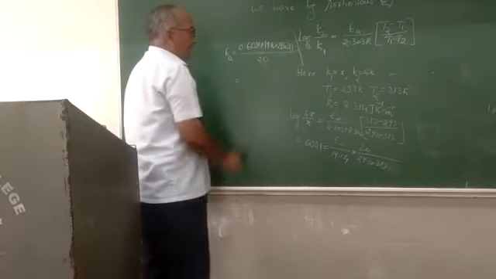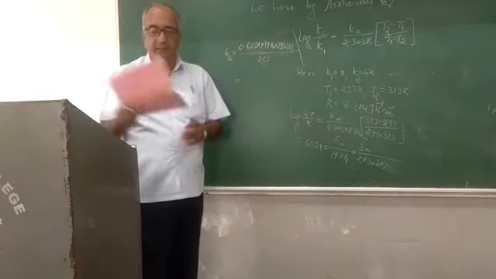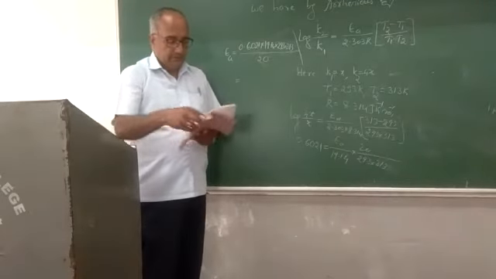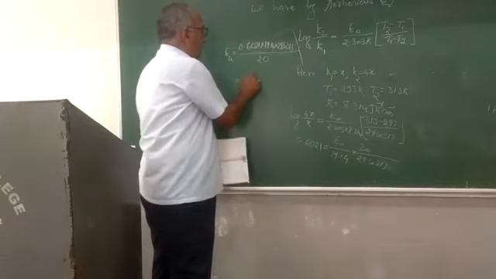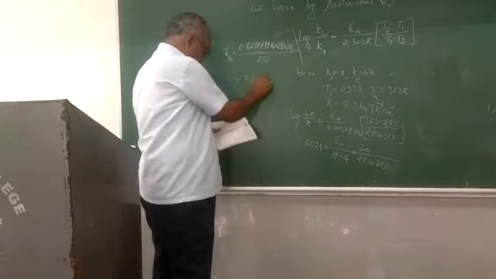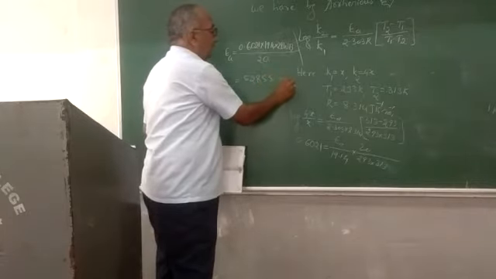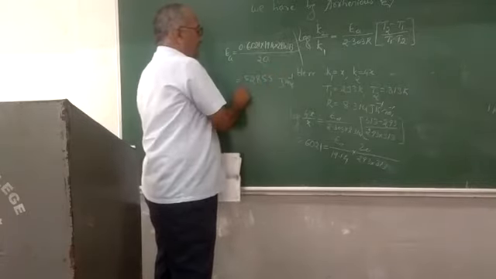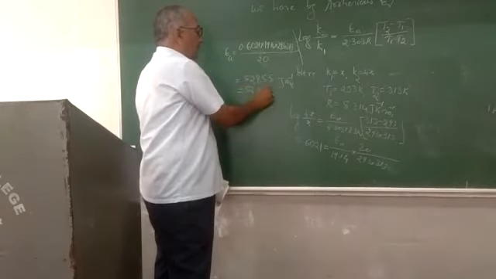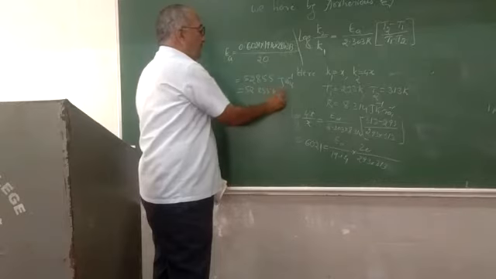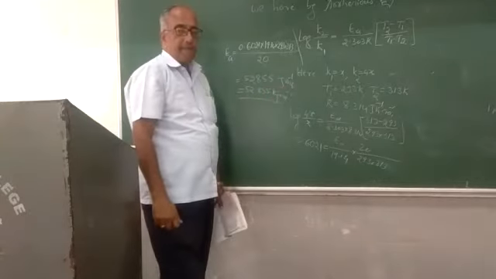So if you simplify, you will get the value 52,855 joule per mole, or in terms of kilojoule it is 52.855 kilojoule per mole. Okay.